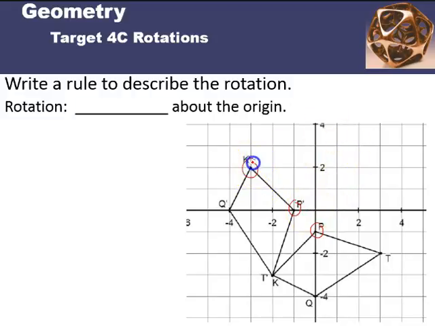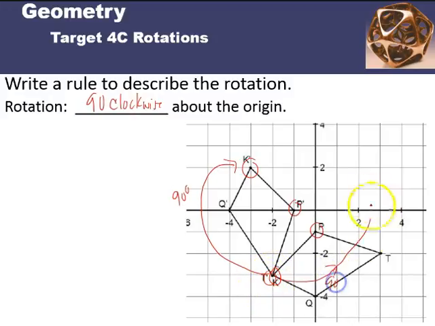Let's check K. Here's K, and here's K'. To go from this quadrant to this quadrant, that's 90 degrees, and we went clockwise. So I could say 90 clockwise, or I could do it this way: 90, and another 90 is 180, and another 90 is 270.